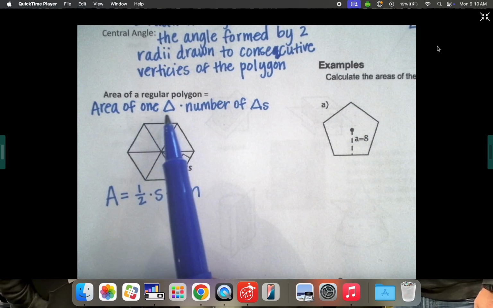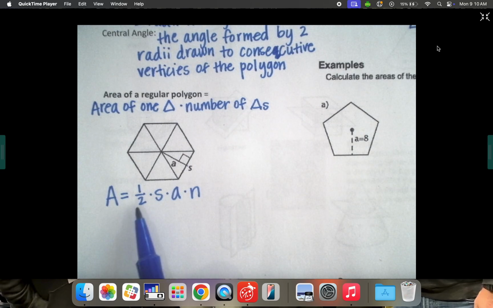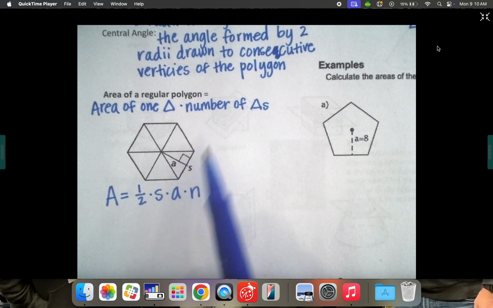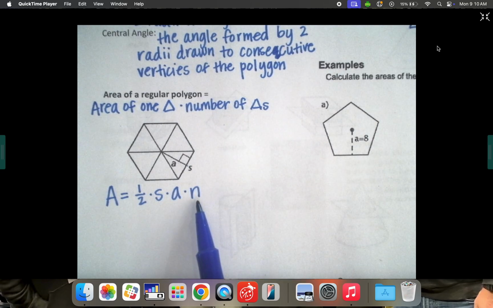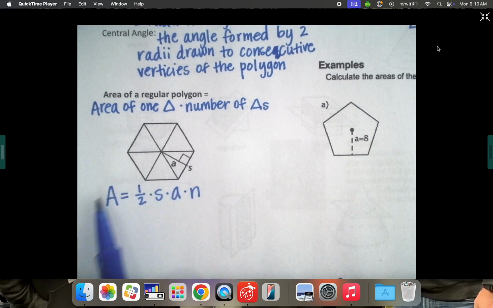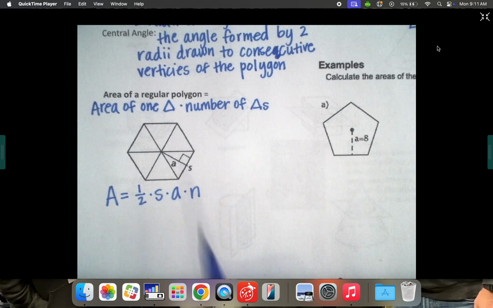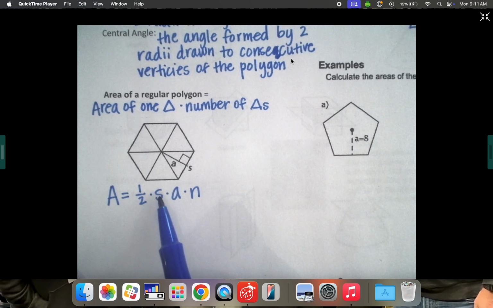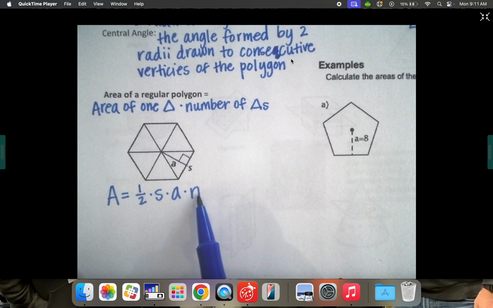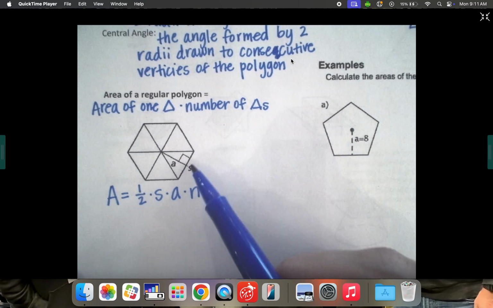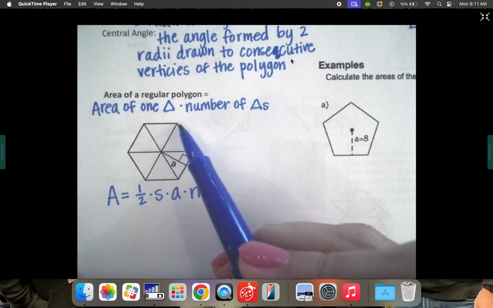All I did was take the area of one triangle, which is half base times height, and multiply by the number of triangles, which is N. But it's written like this because that works for all shapes, and it's a little bit shorter. It just sums up what we're doing. Some people put that the S and the N is the perimeter, because it's the side length and then the number of those.